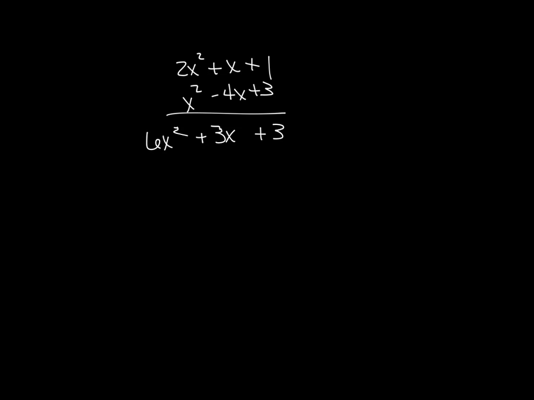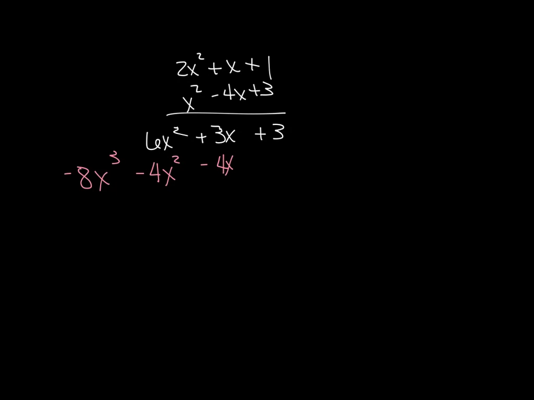Alright, next we're going to go this, and then we'll do this, and then we'll do that. So negative 4x times 1 is negative 4x. X times negative 4x is negative 4x squared. 2x squared times negative 4x is negative 8x cubed. Okay, last we're going to multiply those, and those.